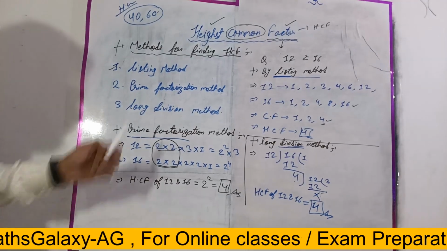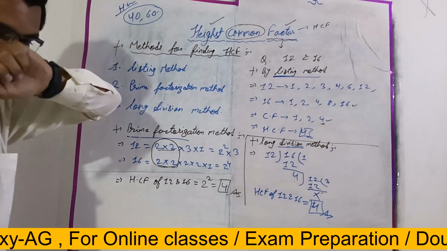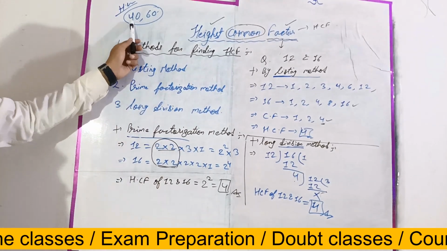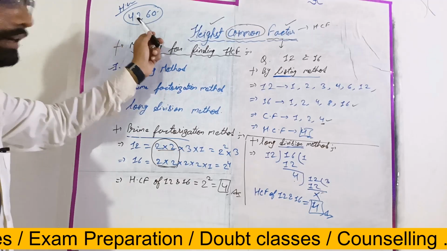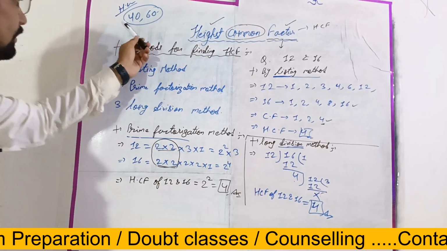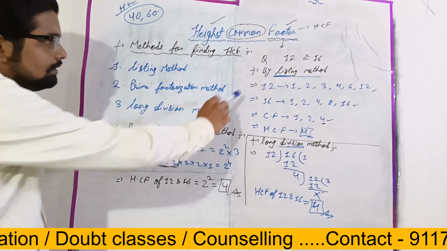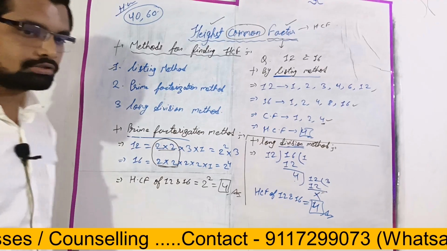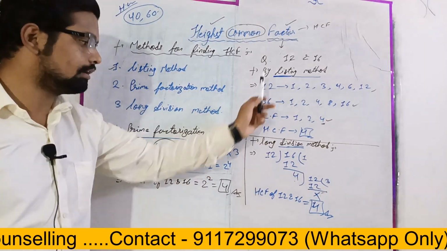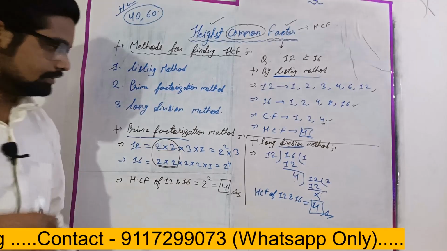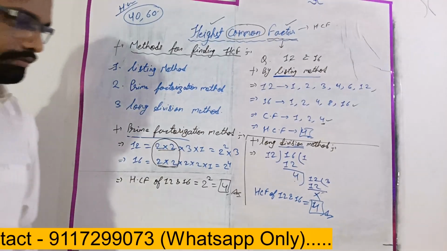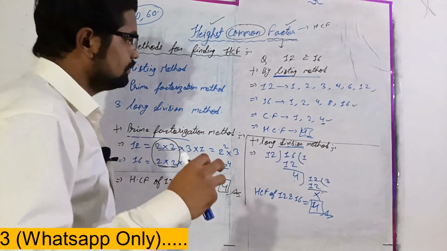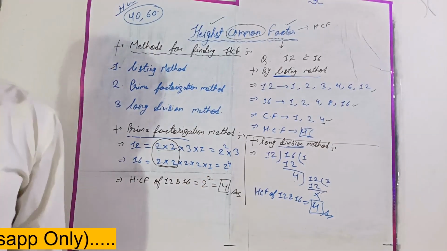Is it tough? No? You have to find the HCF, the highest common factor, and mention the method also before solving, so that when I check, or when your teacher checks, they can understand by which method you solved it.